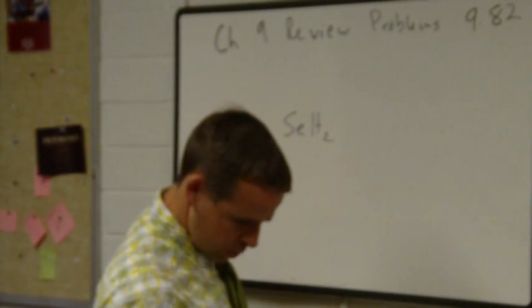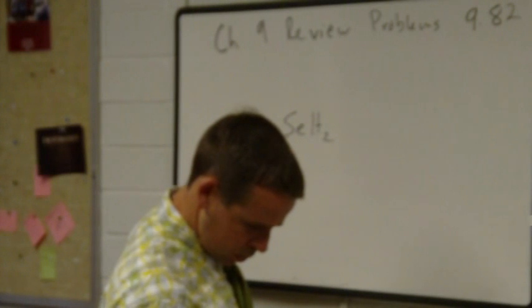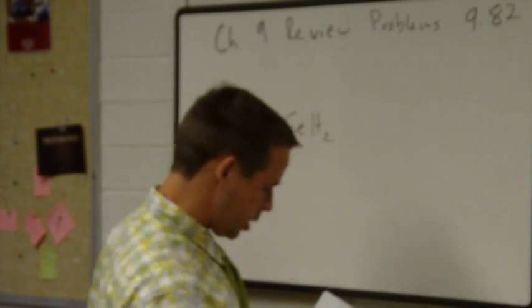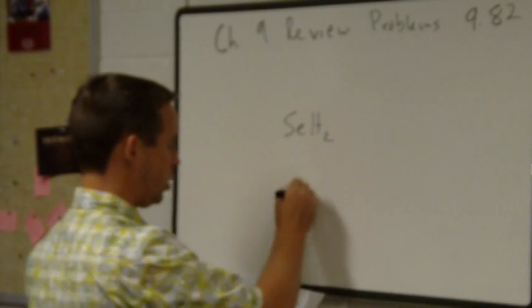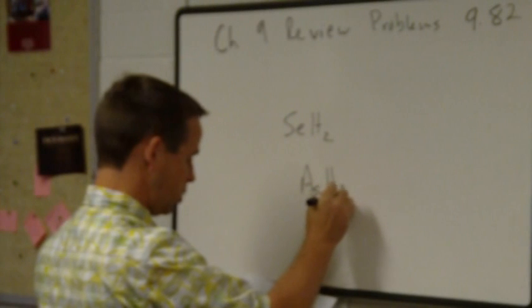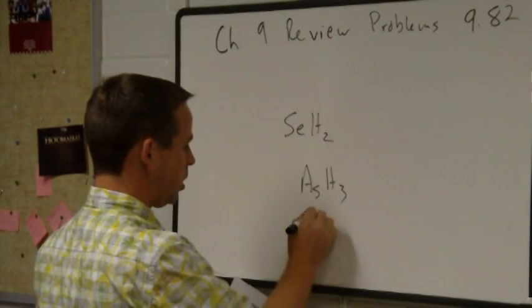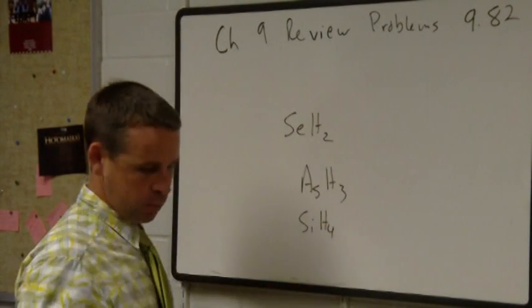What are we on? 982. Arsenic and silicon. Arsenic, AsH3, right? Because arsenic needs 1, 2, 3 more. Silicon, 1, 2, 3, 4 more. SiH4.